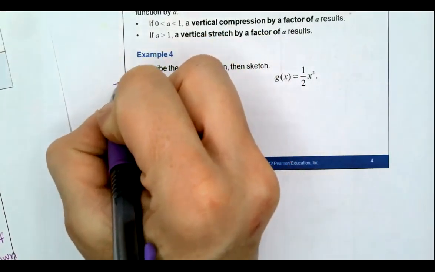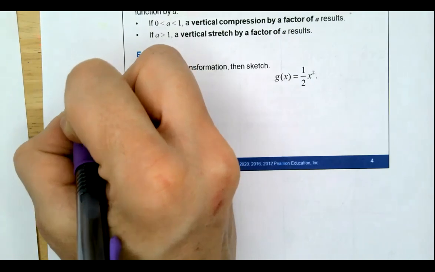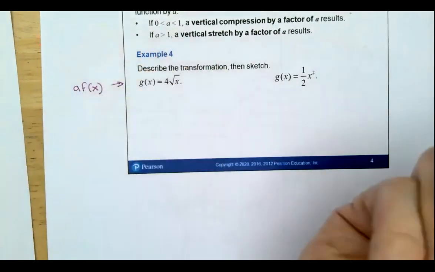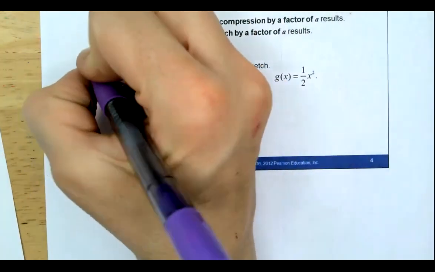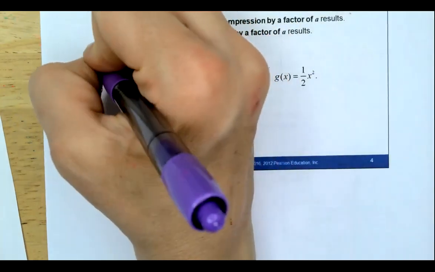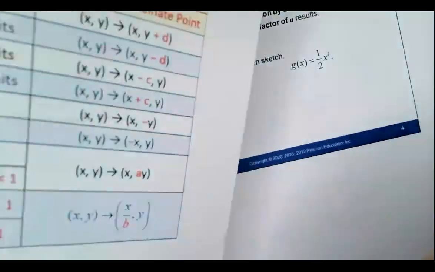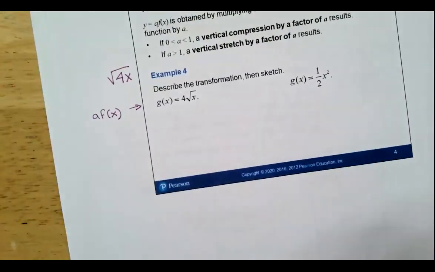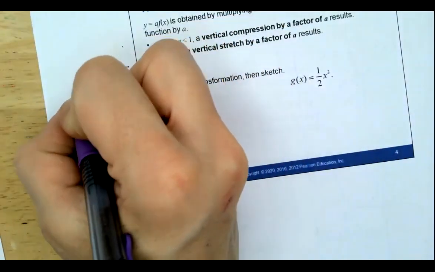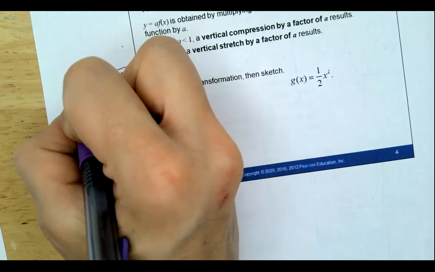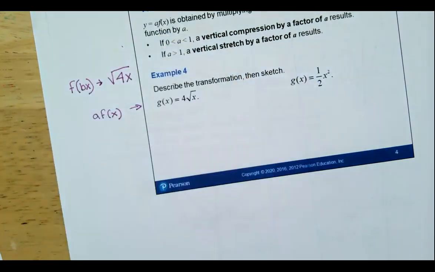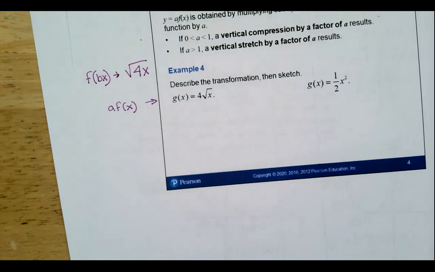So this is a f of x, and if you had something like the 4 under there, that would be f of b x. Okay, it's important to see the difference.